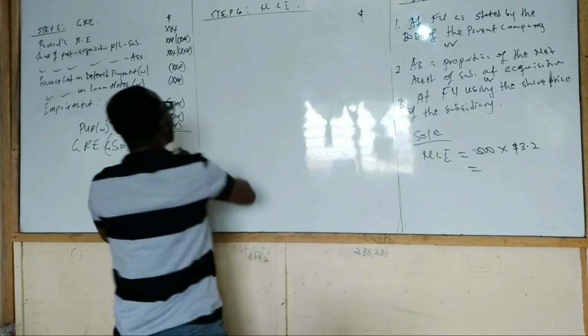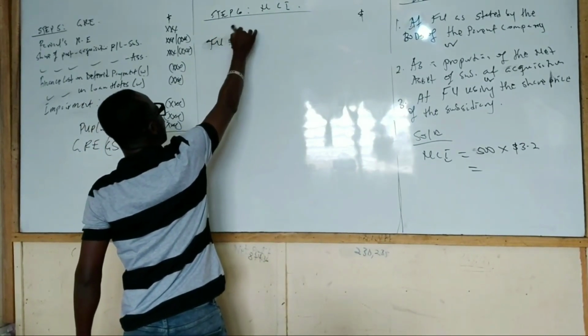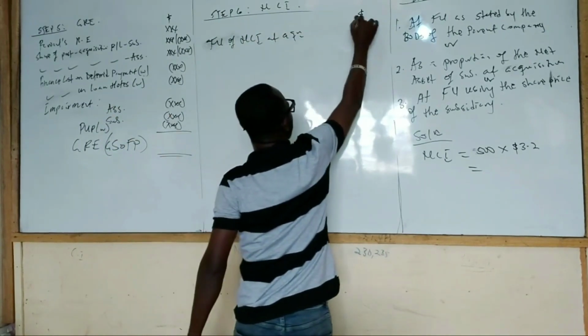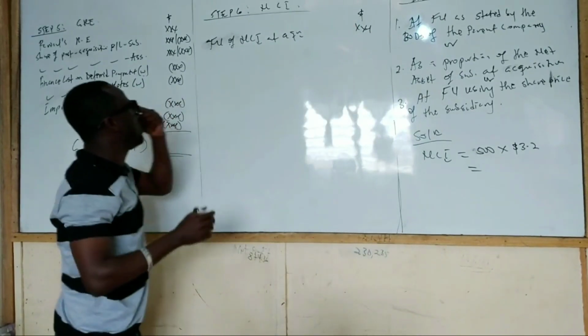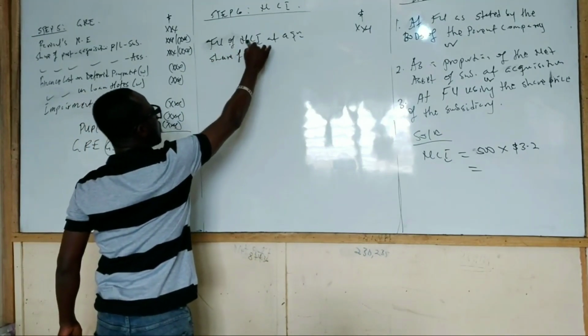Okay. So we bring NCI, the fair value of NCI at acquisition. Whatever they told us, we bring it here. Then the share of post-acquisition profit or loss.